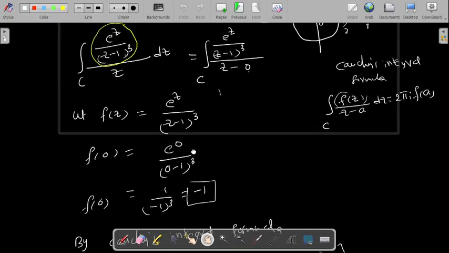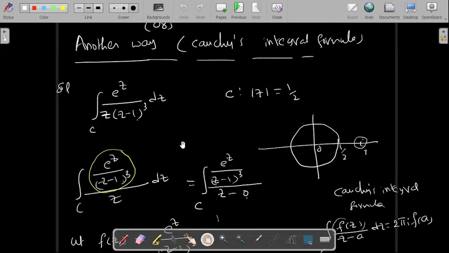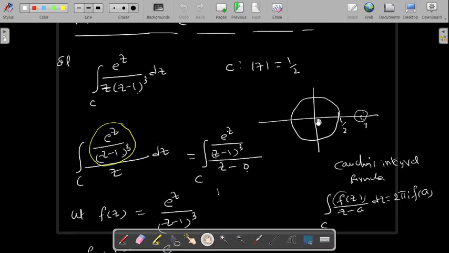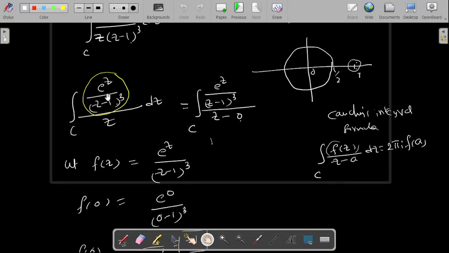Same problem here with Cauchy's integral formula: e power z by z into (z minus 1) whole cube dz. The poles are 0 and 1; 0 is inside and 1 is outside. The outside factor is taken into the numerator, so the integral over C of e power z by (z minus 1) whole cube, divided by z minus 0. By Cauchy's integral formula, integral C f of z by (z minus a) dz equals 2 pi I into f of a.